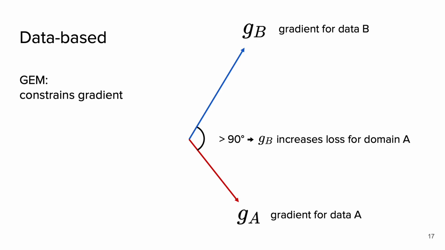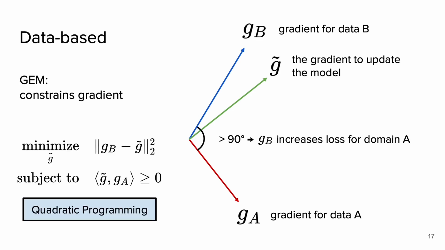Next, if the angle between the two gradients is larger than 90 degrees, gradient B increases loss for the previous domain A. So we project gradient B to the nearest vector, making the angle less than 90 degrees. G tilde will then be used to update the model. These procedures are simply solving a quadratic programming problem.